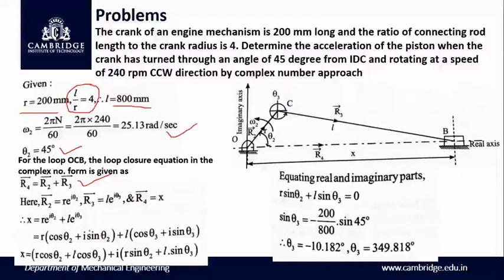On substitution, R4 can be taken as the distance between the pivot and the piston, so we have taken it as X. R2 e to the power of i theta 2 is written as R into cos theta 2 plus i sin theta 2, using the formula e to the power of i theta is equal to cos theta plus i sin theta.